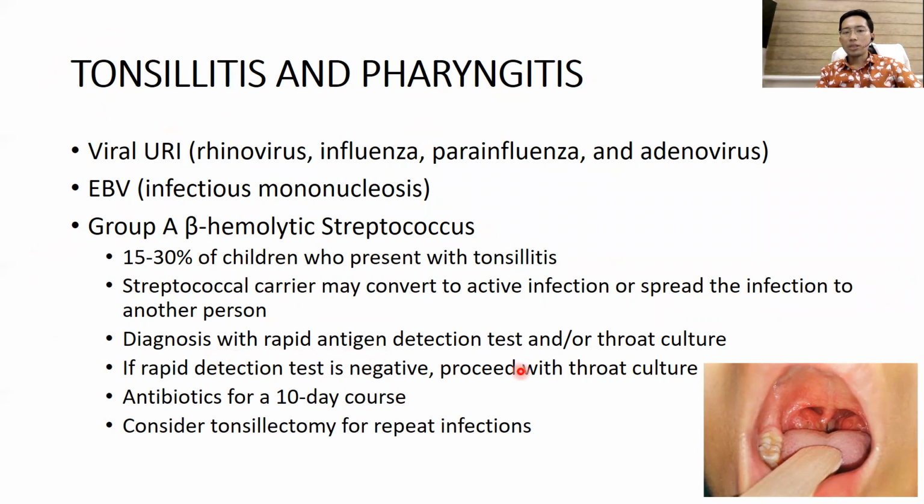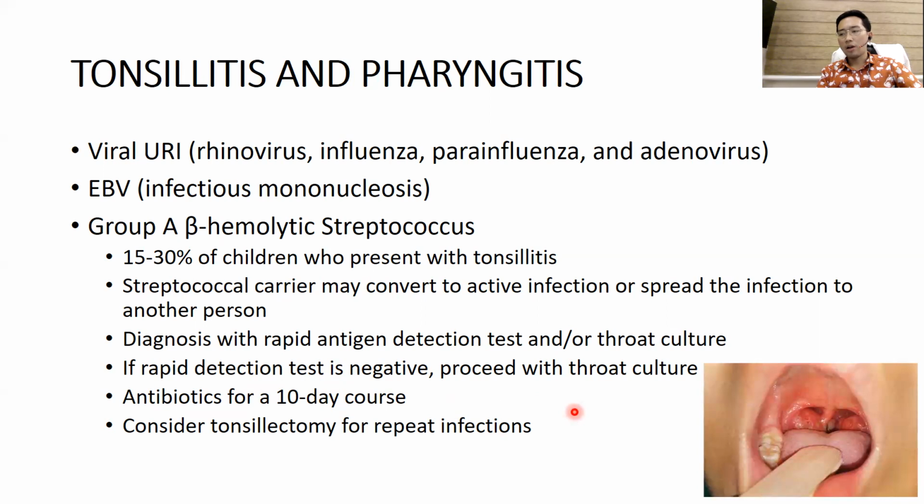So, diagnosis is rapid antigen test or throat culture. But if the rapid detection test is negative, you can proceed with throat culture. The treatment course is approximately a 10-day course. You only consider tonsillectomy for repeated infections.